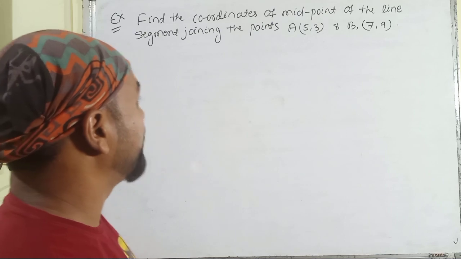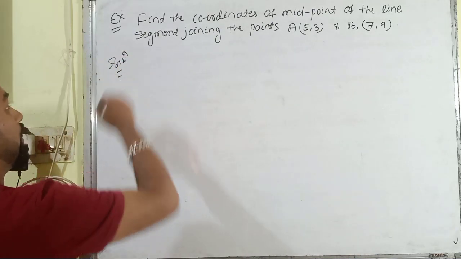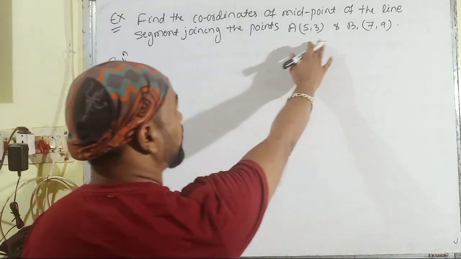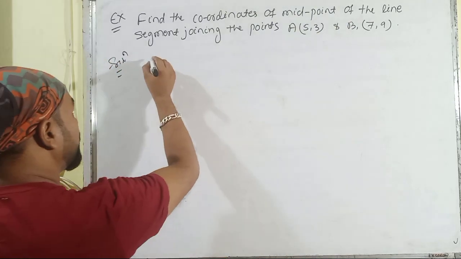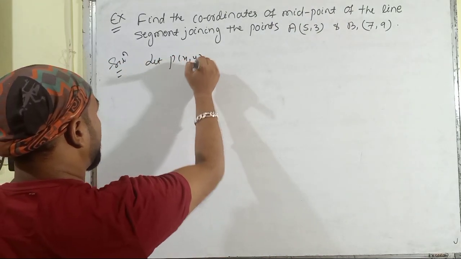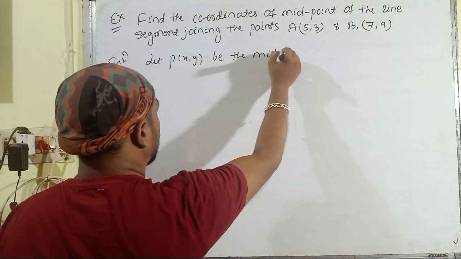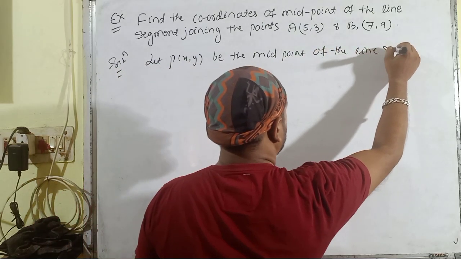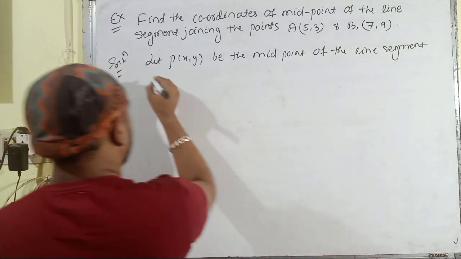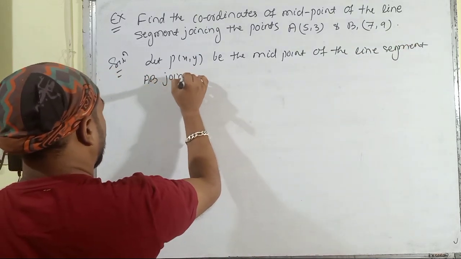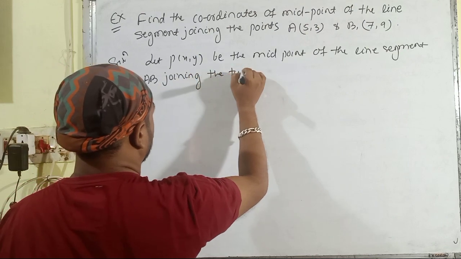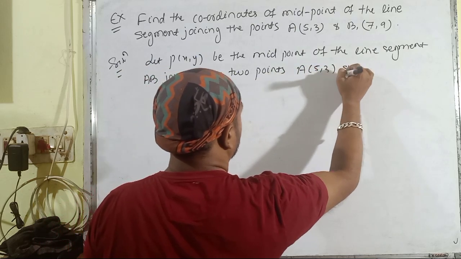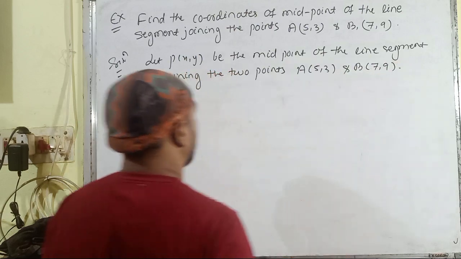So here it is the problem based upon the midpoint formula, and it has been asked to find the coordinates of the midpoint of the line segment joining the points A(5, 3) and B(7, 9). Let P(x, y) be the midpoint of the line segment AB joining the 2 points A(5, 3) and B(7, 9).